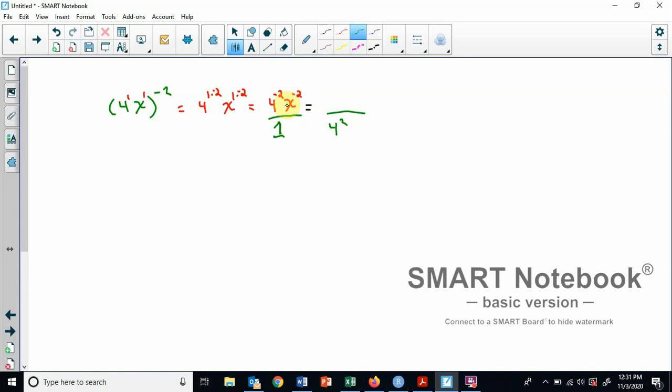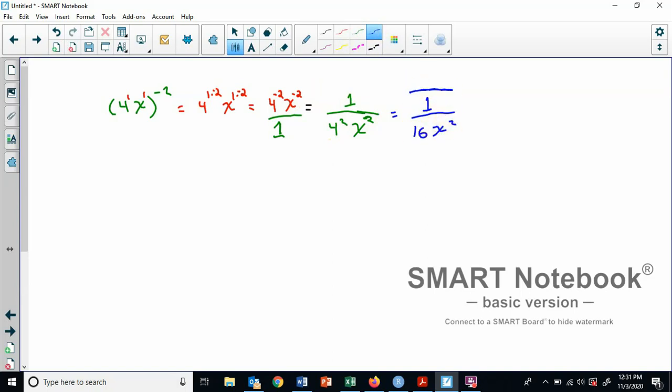And I have to do the same thing with the x to the negative 2. I'm going to take it and move it down. X to the negative 2 becomes x to the positive 2. Now, there's nothing left up top, so I need to put a 1. And so there we go. I can do 4 squared. I just told you if it's a simple number with a simple square, so 4 squared would be 16.